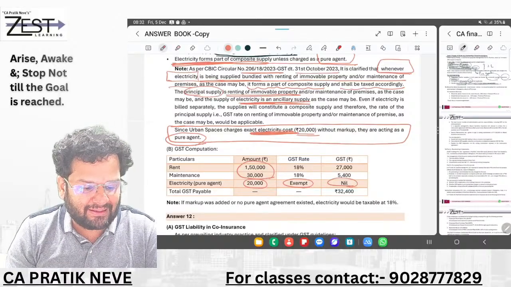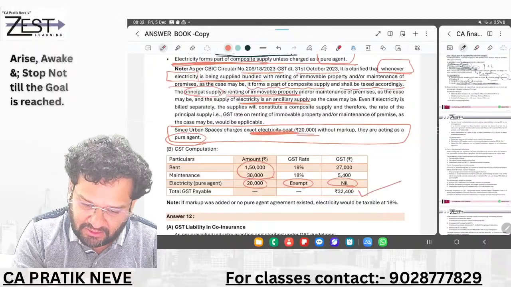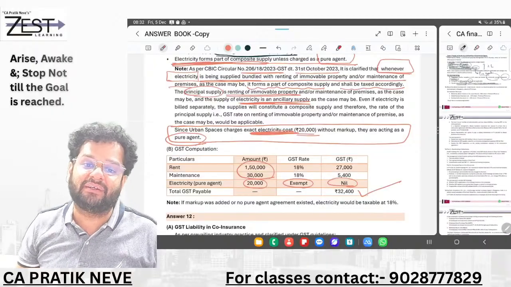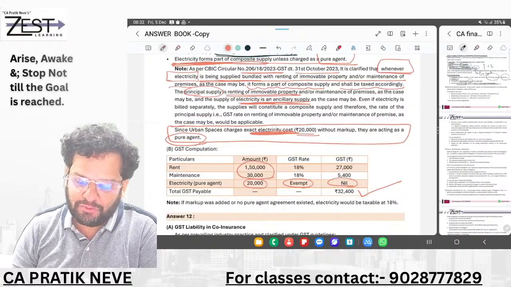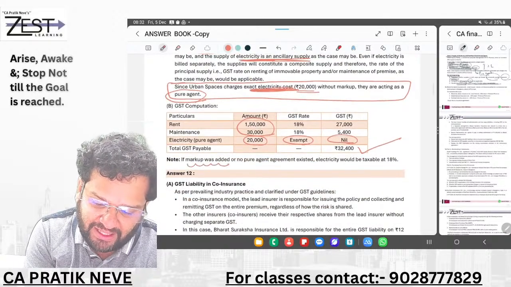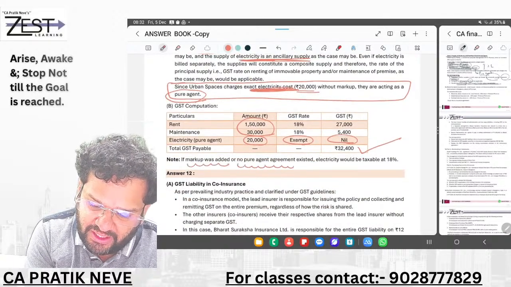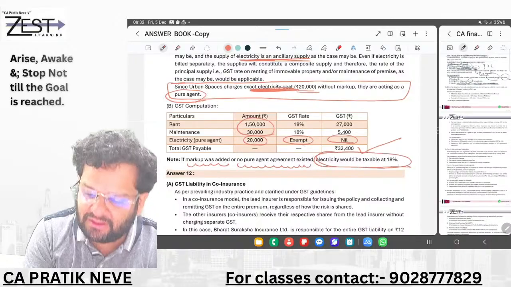So on 1,80,000, you calculate GST at 18%, 32,400 would be chargeable as GST. Clear? If markup was added or no pure agent agreement existed, then electricity would be taxable.